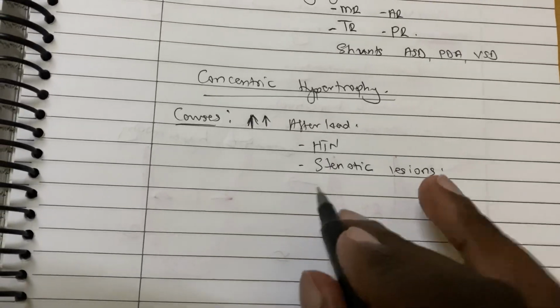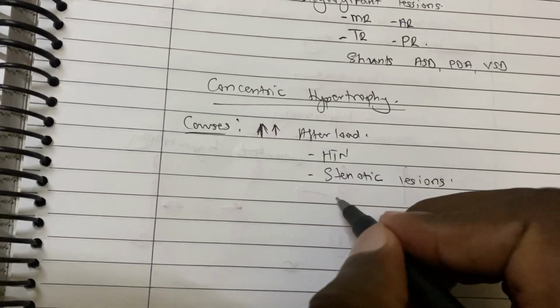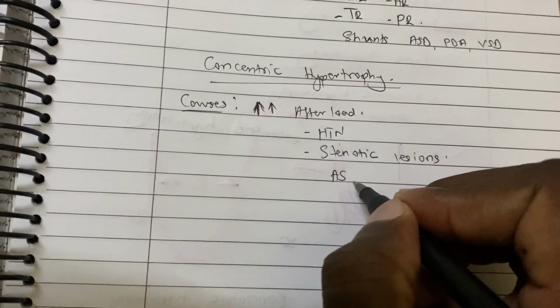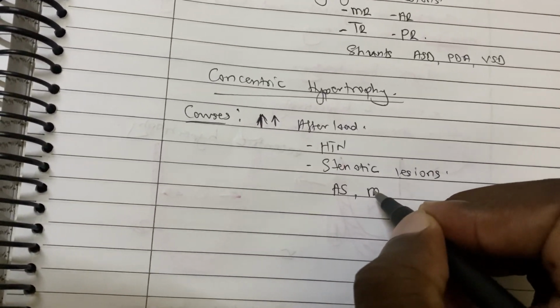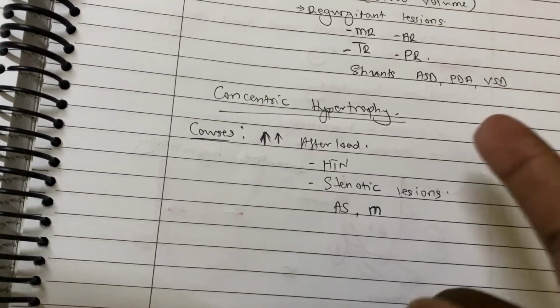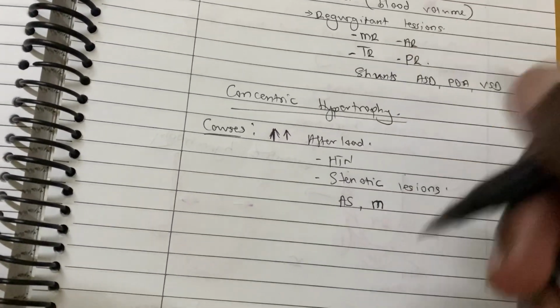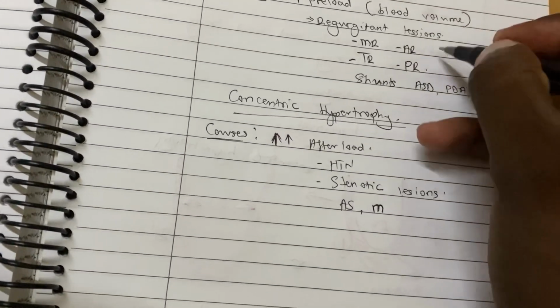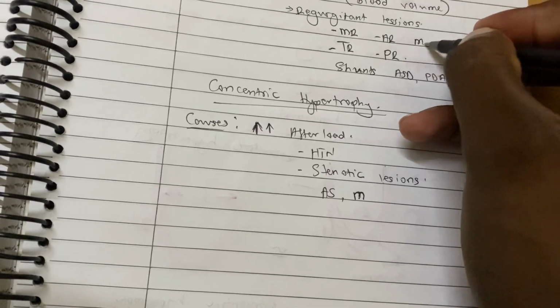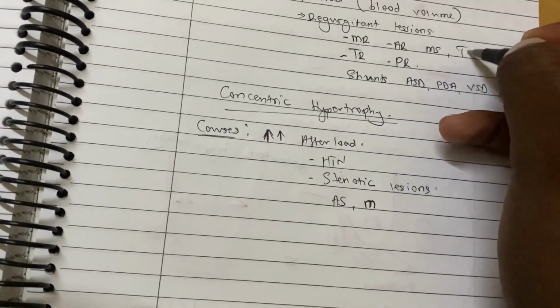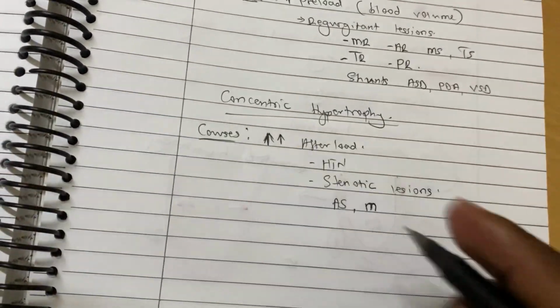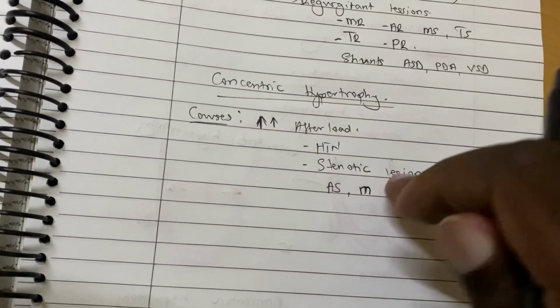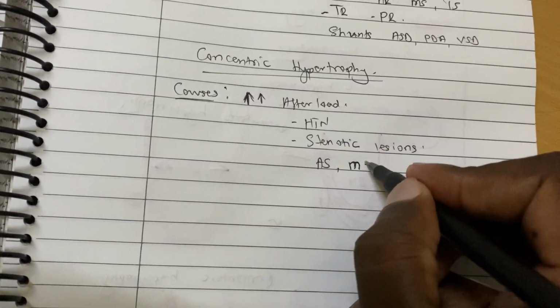Stenotic lesions like aortic stenosis, mitral stenosis is going to cause this one. So MS, TS, they will cause eccentric, but also at the same time they will cause concentric.